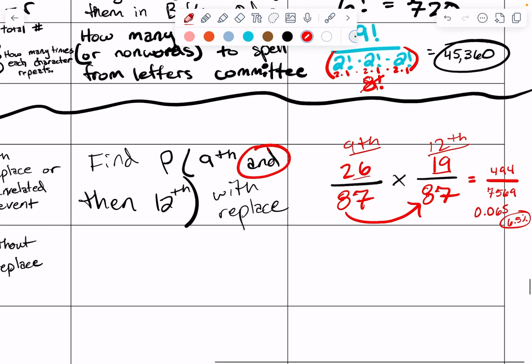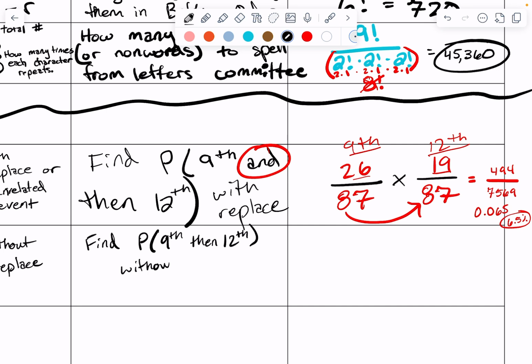All right, I'm going to do the same thing for the second one. Find the probability of ninth, then 12th, without replacement. We'll just see what that looks like. Okay, ninth, then 12th, that fraction times that fraction.